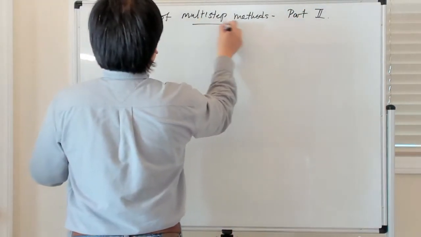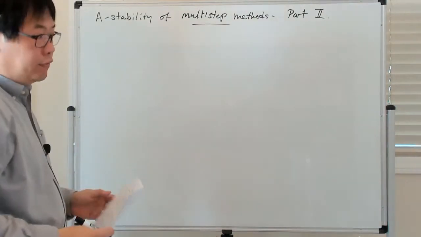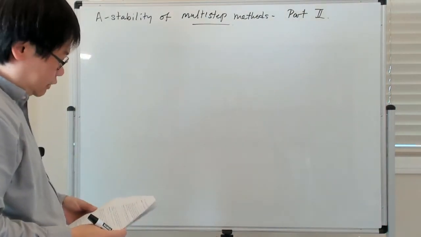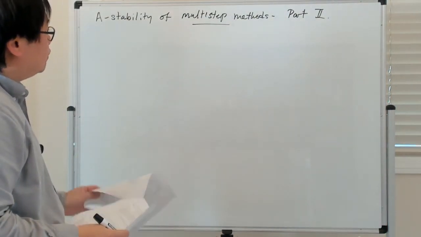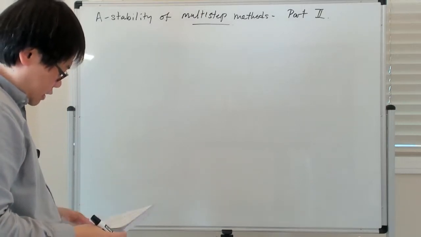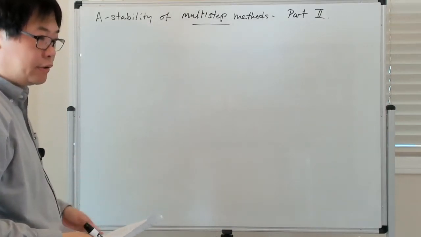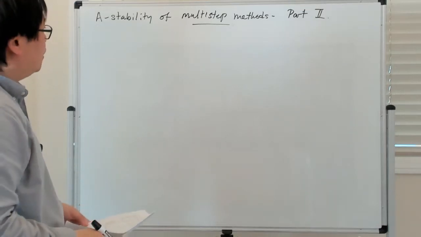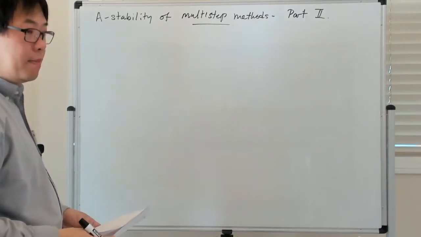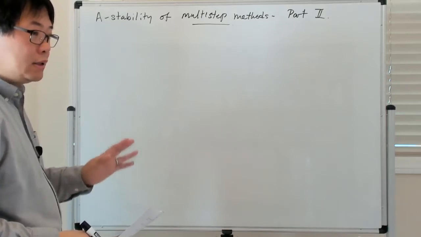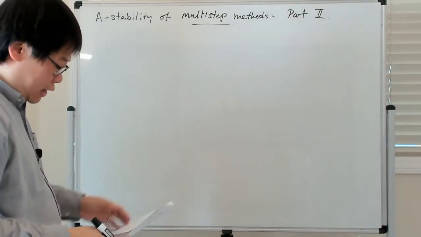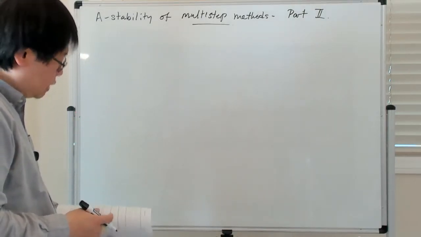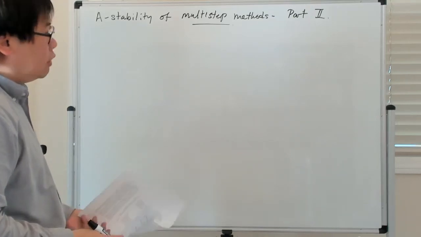If you recall, the first thing we had checked was that the roots of some characteristic polynomial associated with the multi-step method had modulus less than 1 on the entire left half plane.